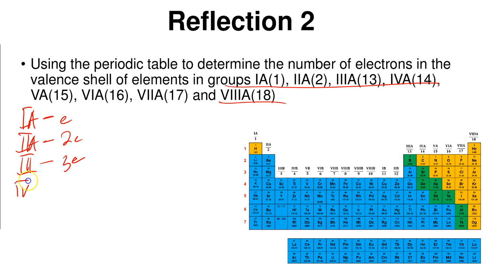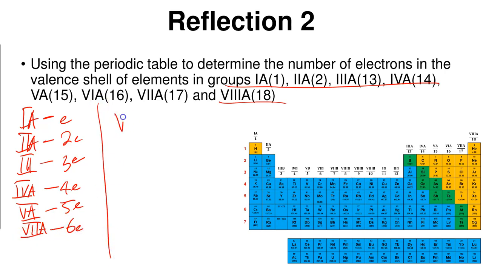Group 4A, 4 electrons. Group 5A, of course, is going to be 5 electrons. Then group 6A will be 6 electrons. Group 7A will be 7 electrons, and group 8A will be 8 electrons. So you see the kind of information the periodic table provides. If you know the group of the element, that group will provide that.